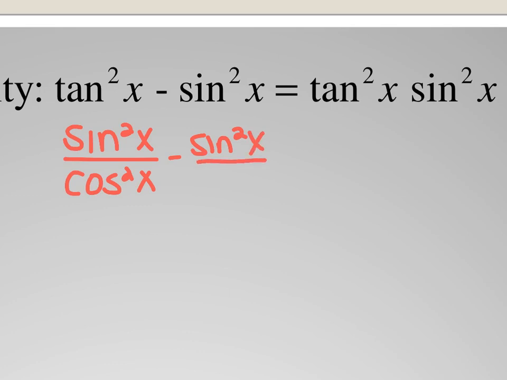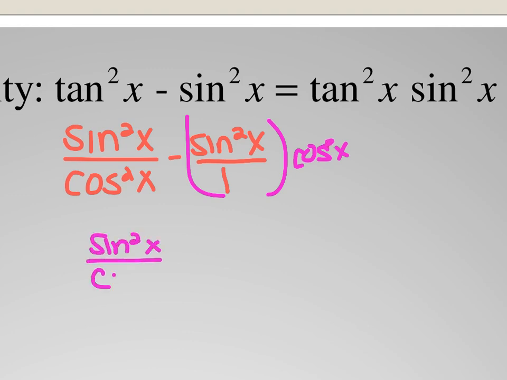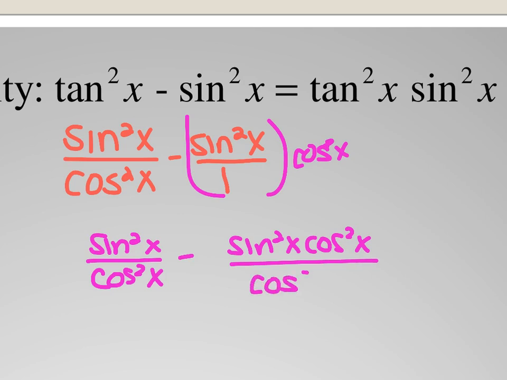Now, if this is over 1 and I want to combine that into 1 because there's no addition or subtraction on the right-hand side, I have to change them both to have what as their denominator? Cosine squared. So I'm going to multiply both the top and the bottom by cosine squared x here. I get sine squared x over cosine squared x minus sine squared x cosine squared x over cosine squared x.